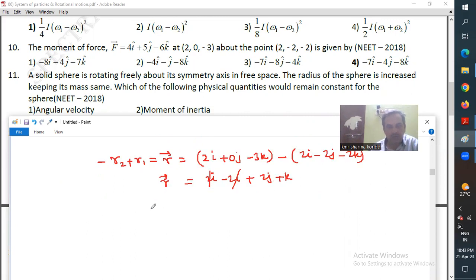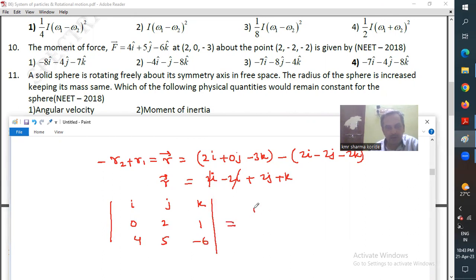Now let us go with the cross product. i, j, k. R is going to be 0, 2, 1. F is given as 4, 5, minus 6.